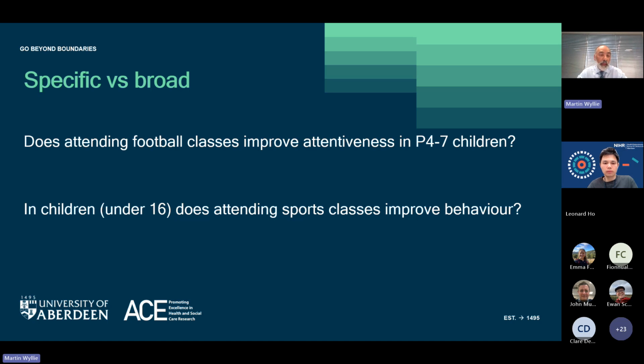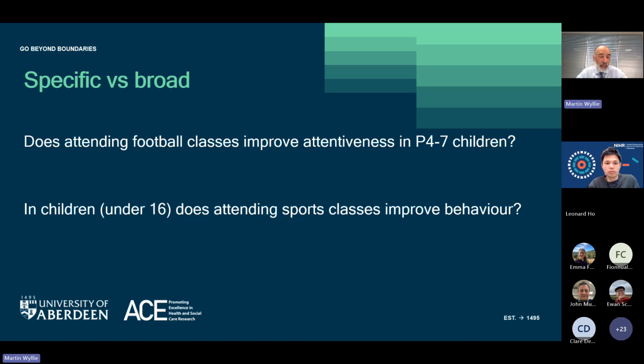Going the other way, on a similar theme, in children under 16, does attending sports classes improve behaviour? So this might go the other way. There might be endless evidence on this. But even if there isn't a huge amount of evidence, because the range is so broad, you might find it difficult to bring all the evidence together and come up with a meaningful conclusion. Children under 16 covers everything from preschool children up to 14, 15-year-old teenagers.